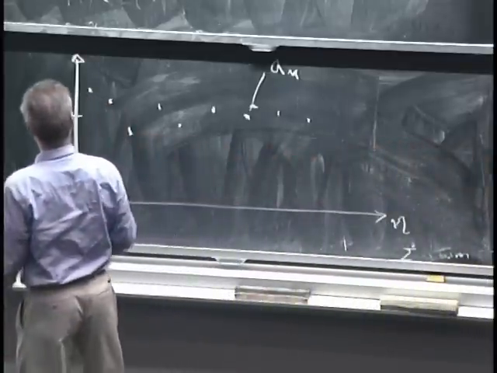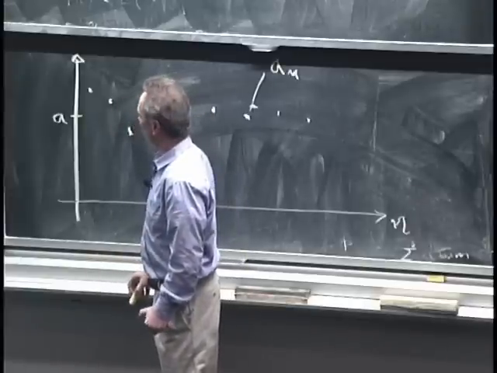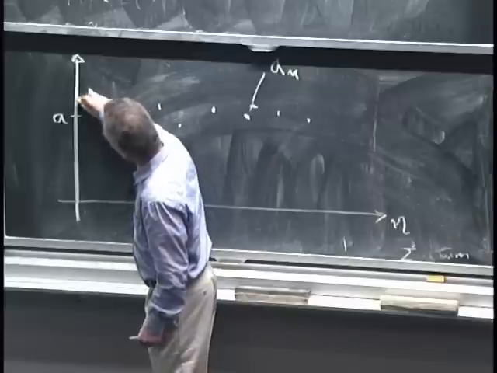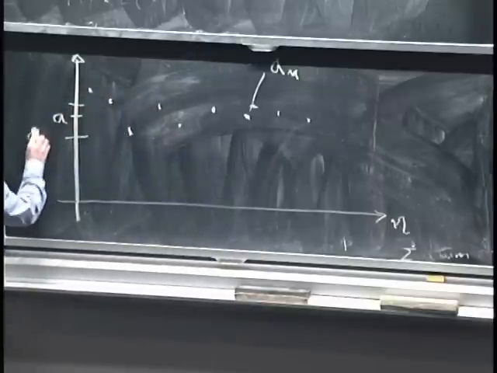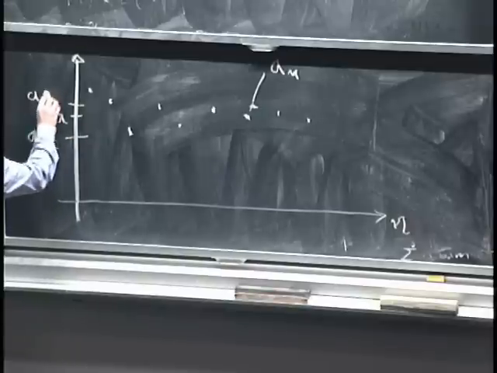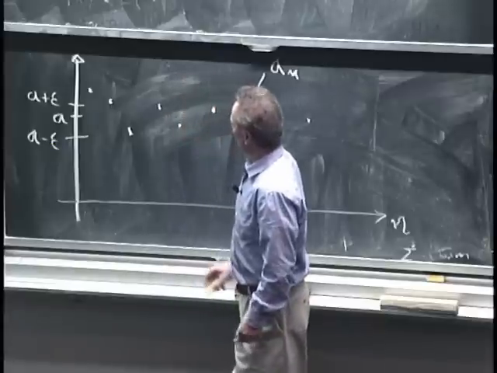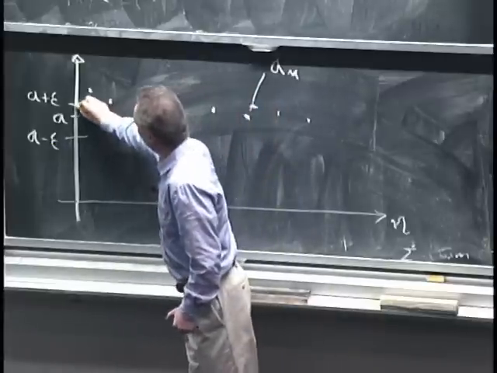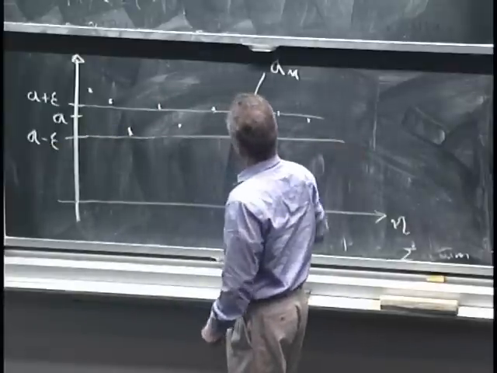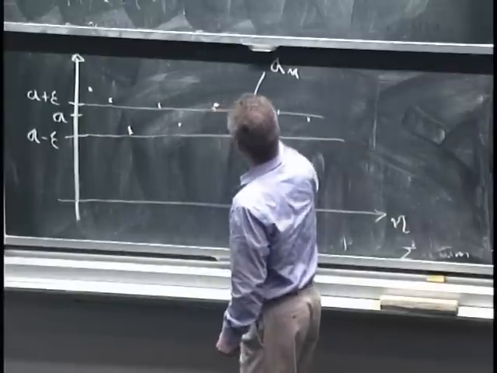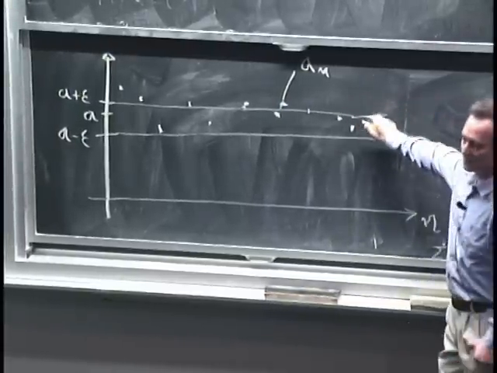So let's try to make that more precise. What it means is, let's fix a sense of what it means to be close. Let me look at an interval that goes from A minus epsilon to A plus epsilon. Then, if my sequence converges to A, this means that as n increases, eventually the values of the sequence that I get stay inside this band.